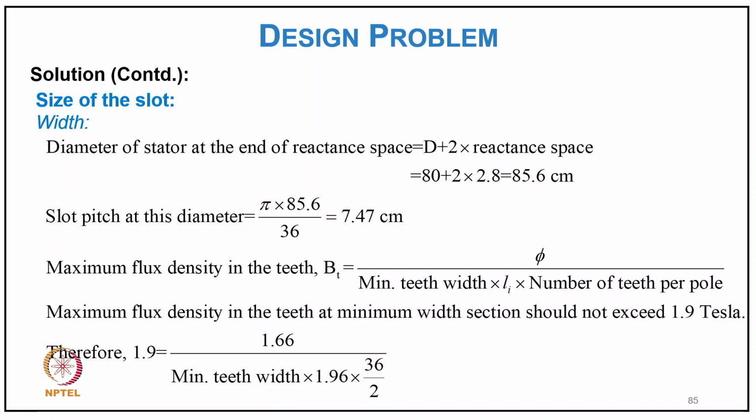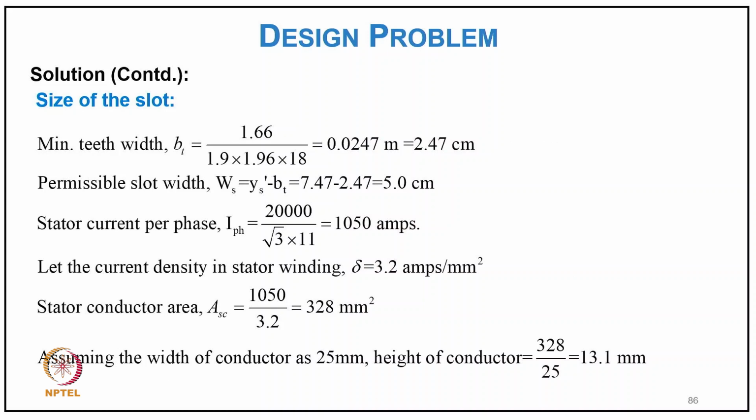Maximum flux density in teeth B_t equal to phi upon minimum teeth width into L_i into number of teeth, and considering the maximum flux density of the teeth will not exceed 1.9 Tesla, putting the value, we get the minimum teeth width equal to 2.47 centimeter. Permissible slot width is W_s equal to y_s dash minus W_t, which comes to 5 centimeter, and stator current per phase I_ph, putting value, comes to 1050 ampere, and let the current density in stator winding be 3.2 ampere per millimeter square.